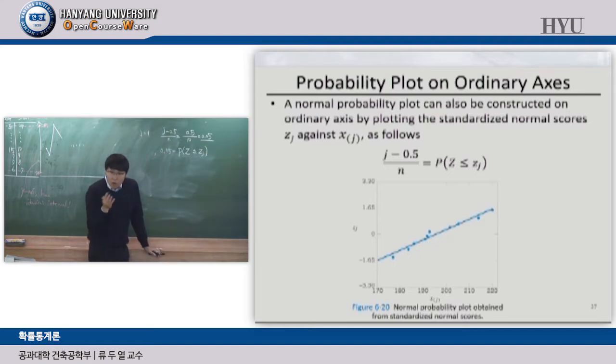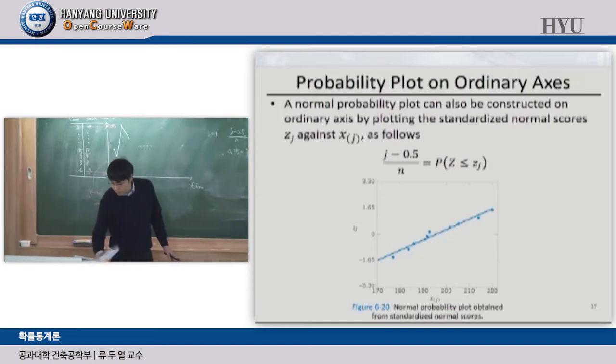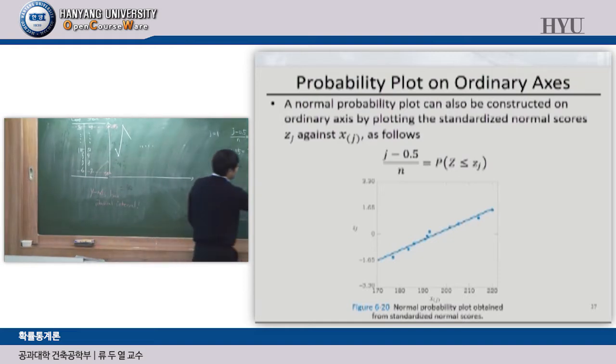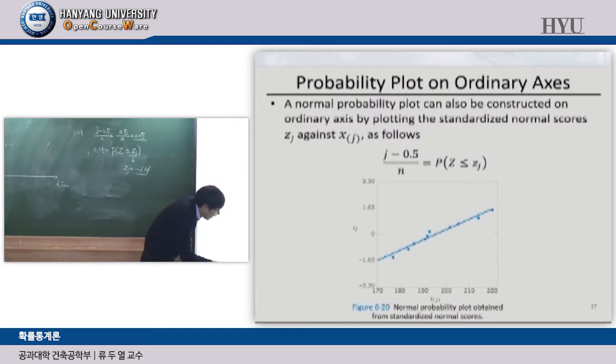And if you see your appendix table, we can easily find that zj is equal to minus 1.64. Okay? And as you can see here, for x1, zj is equal to minus 1.64.